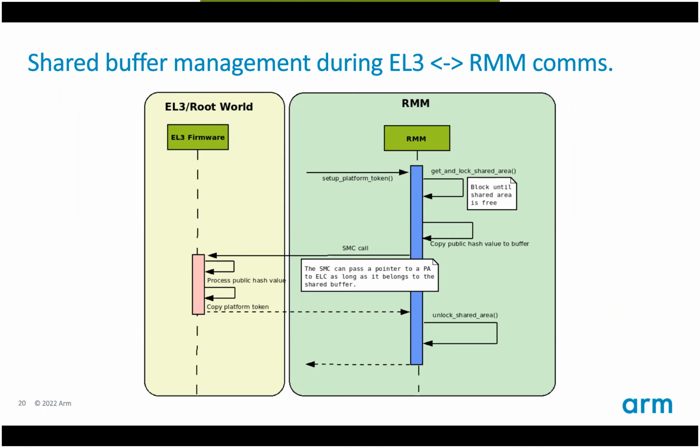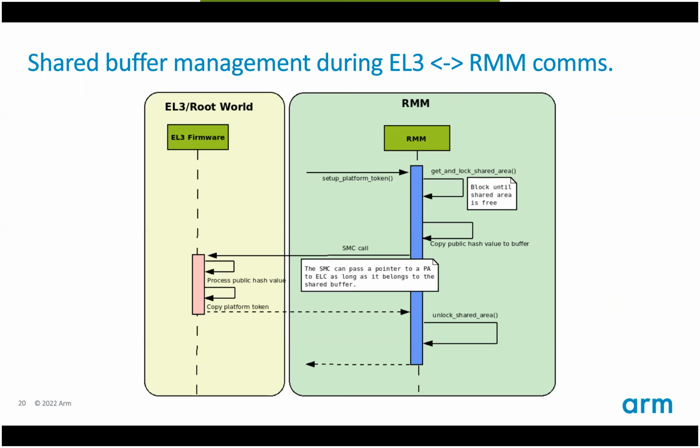What I was going to explain on this slide here, for instance, shows the case of the setup platform token call on RMM. So during boot up or during any other time in which we need to get the platform token, what RMM does is just get and lock the shared buffer.